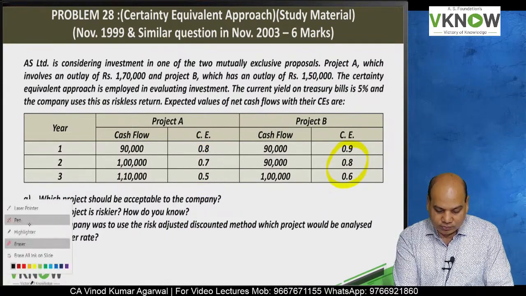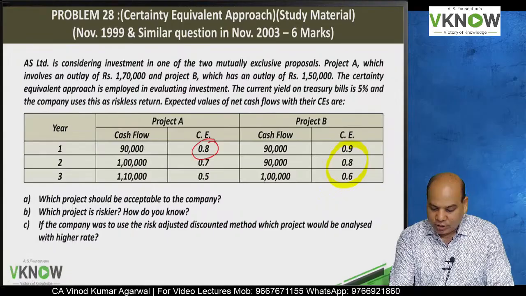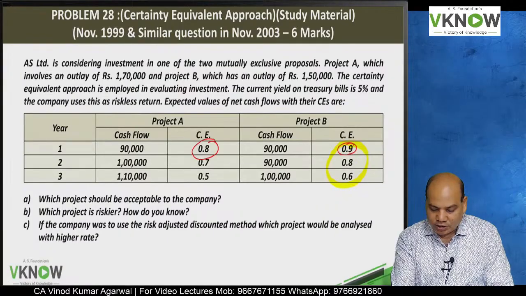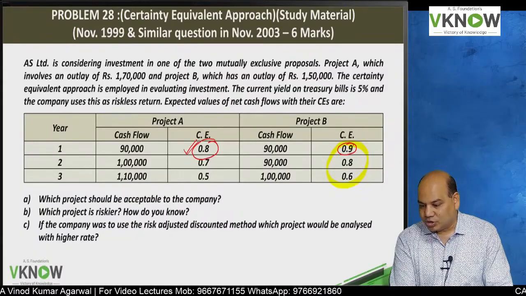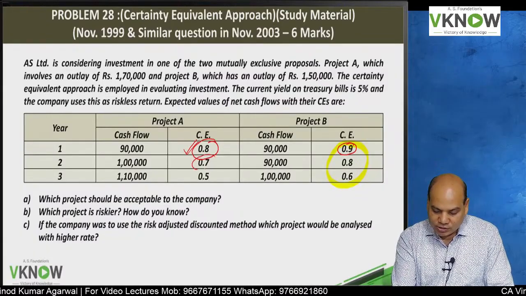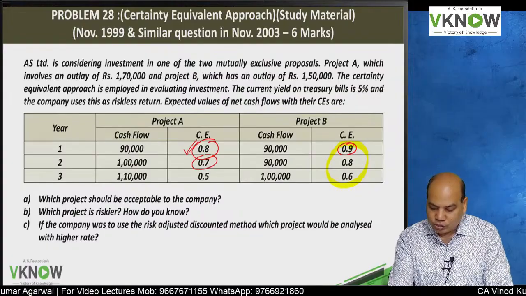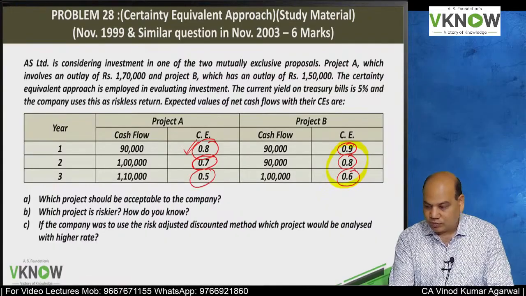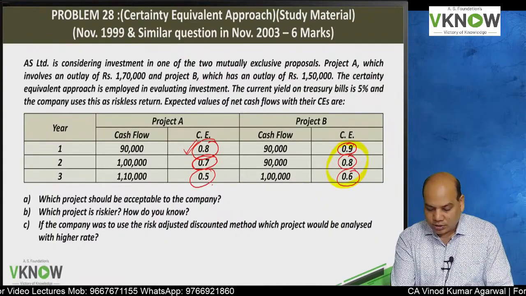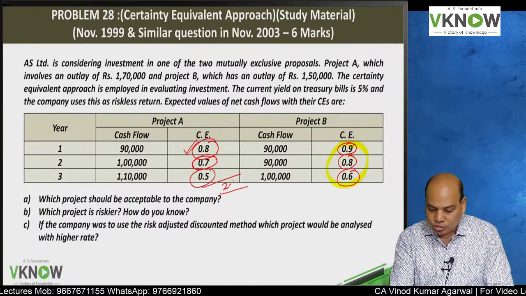Now you see, this is 0.8, this is 0.9. Year 1 cash flow is riskier than project B because CEC is lower. Same thing for year 2 also. Lower CEC, higher risk. Same thing for year 3 also. Or other way to compare is to take their total. This total is 2.0.